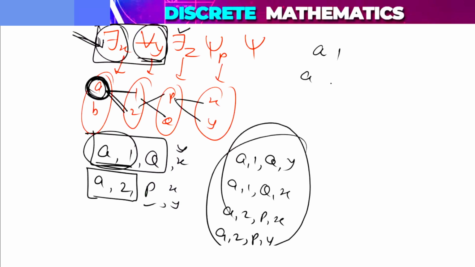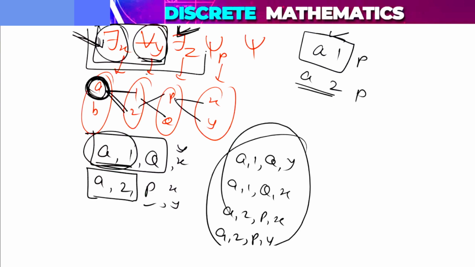For these pairs there is someone here, so for example for this pair there can be P, for this pair there can be P also, Q also. Let's take P, it does not matter, you can take Q also. Now for this triple, this is for all, so now everyone: you take X also, you take Y also, both. This is how you can play with these quantifiers.